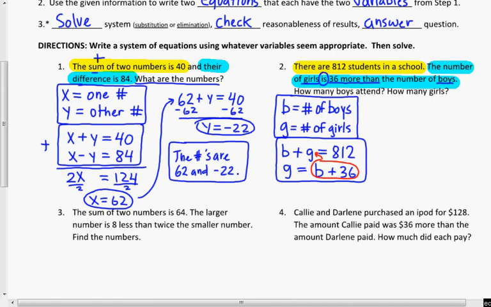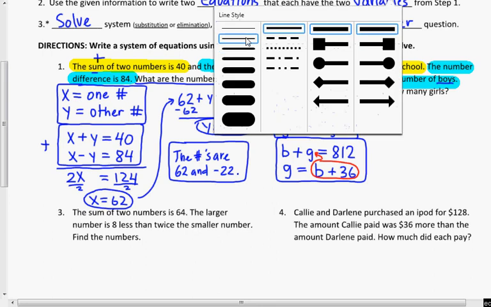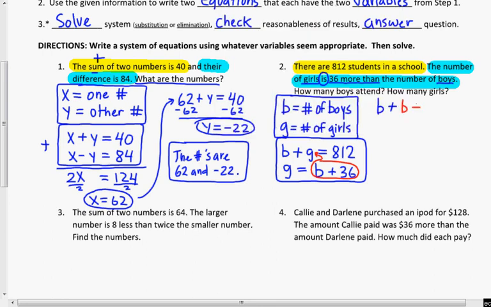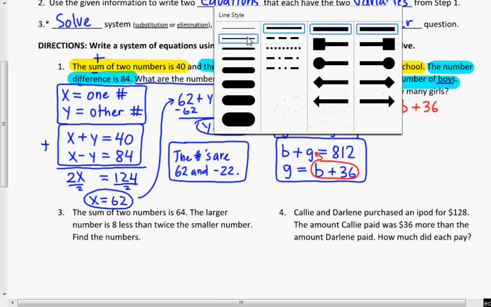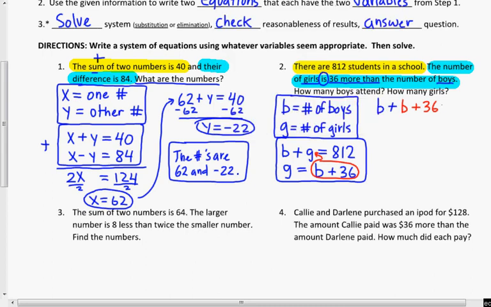So it will look like this: B plus B plus 36 equals 812. Which means I have 2B plus 36 equals 812.